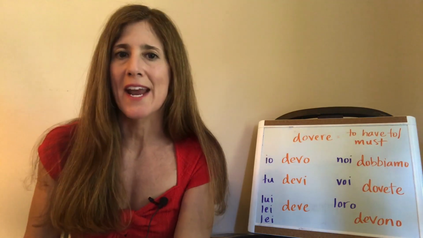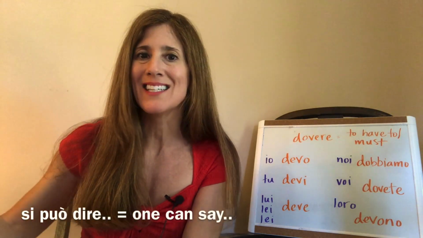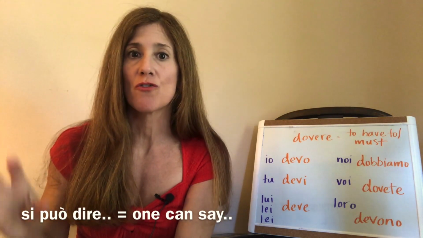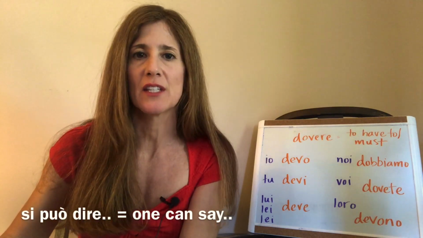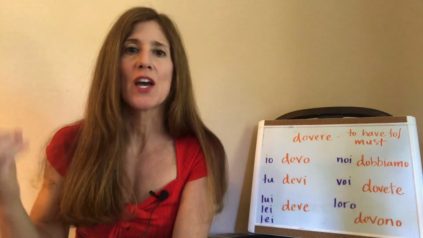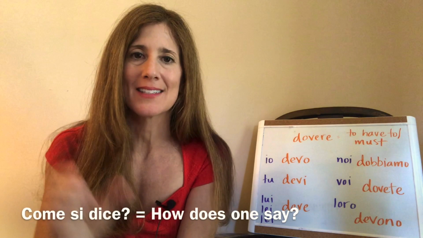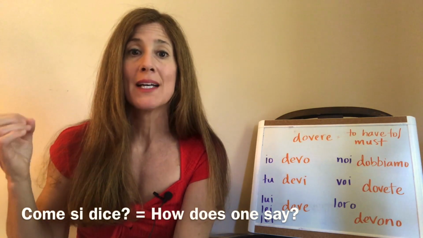Si può dire. And so did you notice that I said si può dire? So I put that si in front of the conjugation of potere, può dire, and that translates into one can say. And we also say come si dice. Come si dice, that si is in the third person singular conjugation of the verb dire.